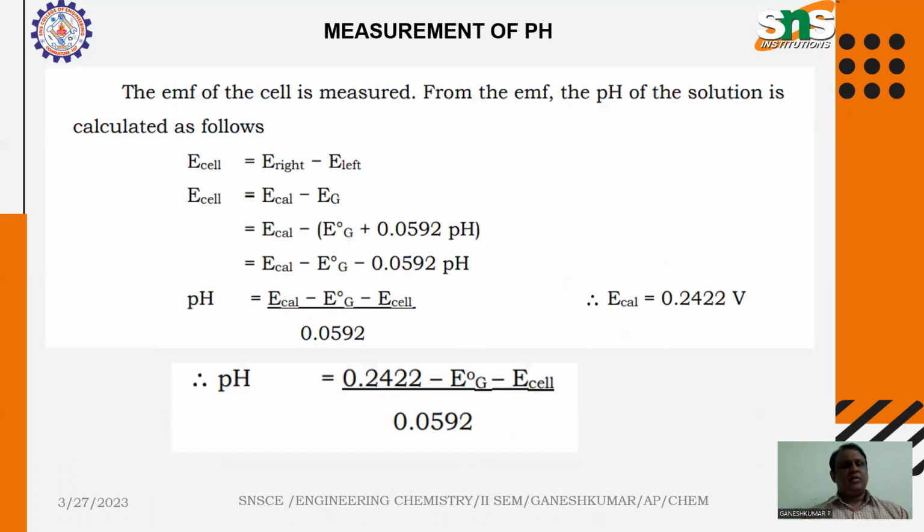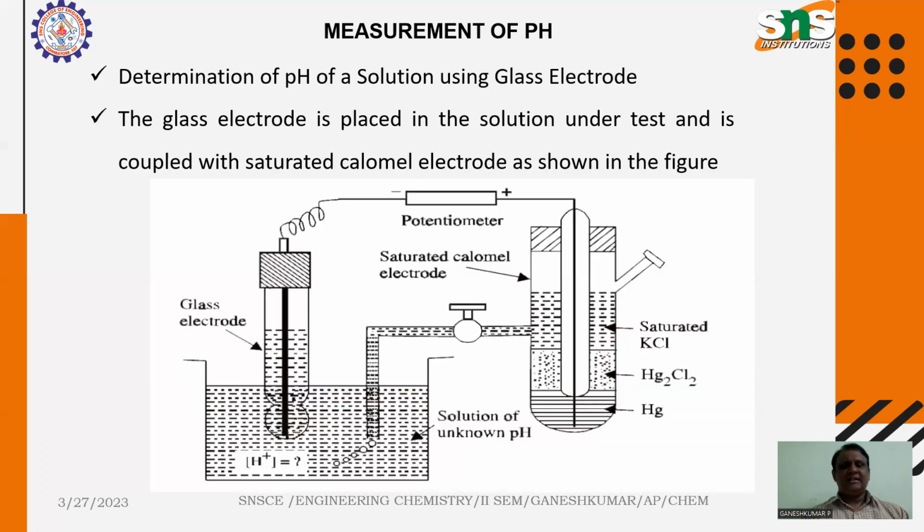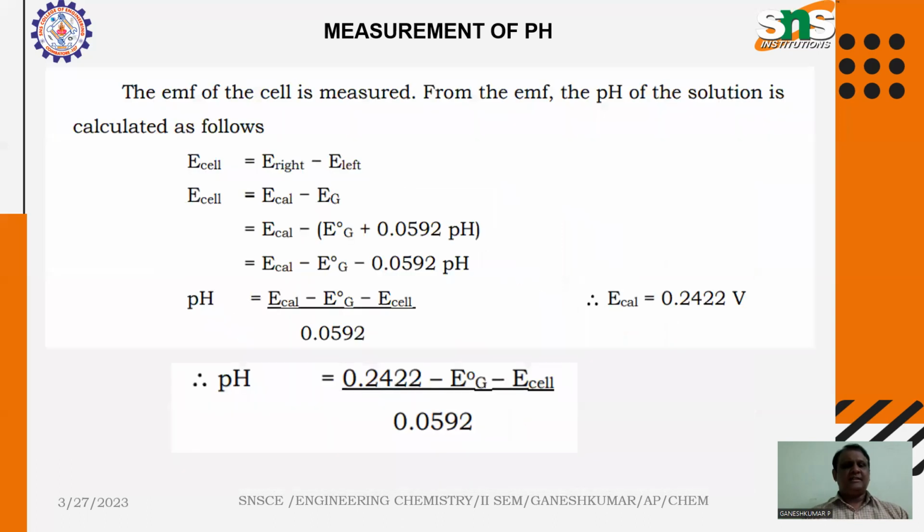So E cell equals E right minus E left. The right hand side is the calomel electrode, and the left hand side is the glass electrode. As I said, the calomel electrode has a constant value when you use a saturated one. So the final equation arrives like this: pH equals E calomel minus E naught G minus E cell, divided by the value obtained from the Nernst equation, 0.059.